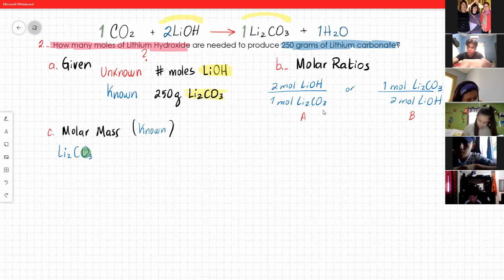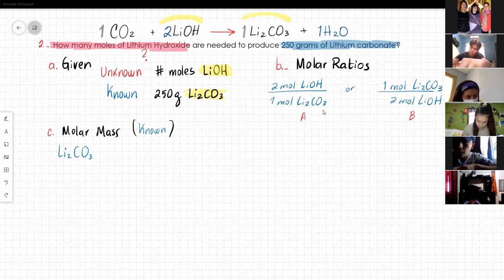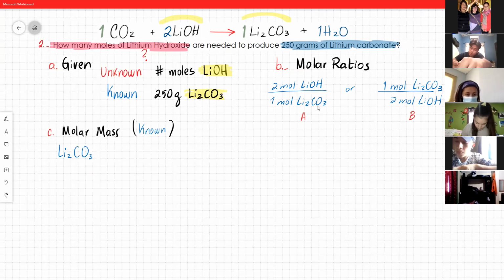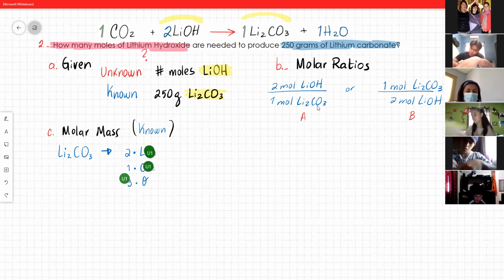Okay, this is what I know. That is the substance. From this substance, I can get that it has two atoms of lithium, one atom of carbon, and three atoms of oxygen. So from this, you can now get the molar masses.